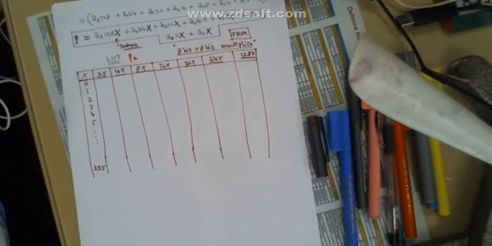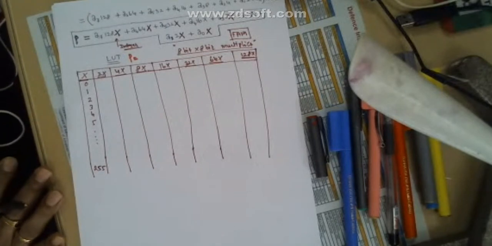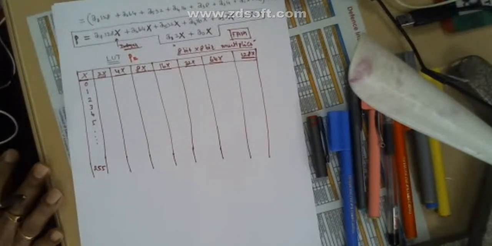X can go to any value, because you can multiply 128 bits by 128 bits in the FPGA, which is not possible on any other platform. Even on the ULSI board, they say 228 bits by 228 bits is possible now.